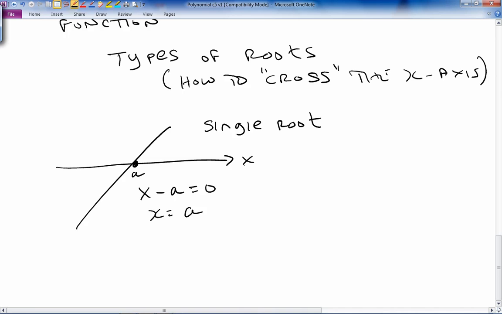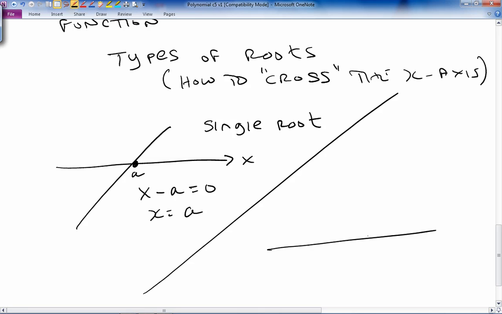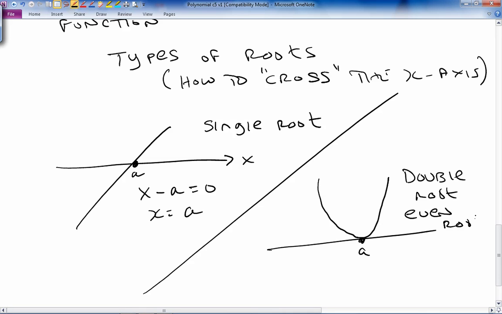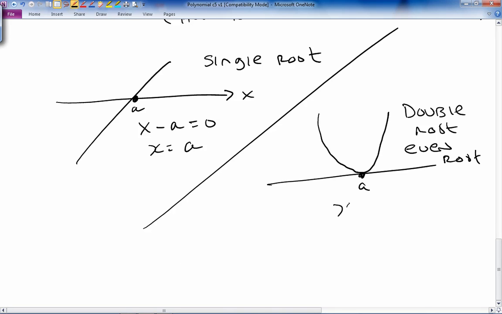Next type of root that we have is often referred to as a double root, but realistically it is an even root, and it comes about when you have an even exponent.